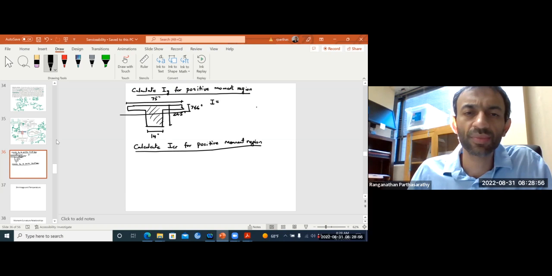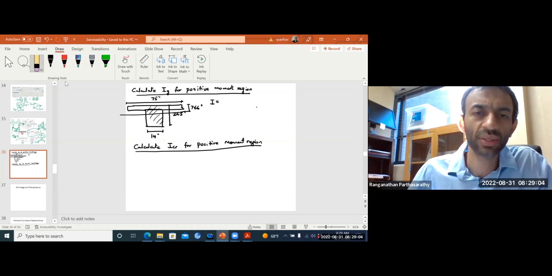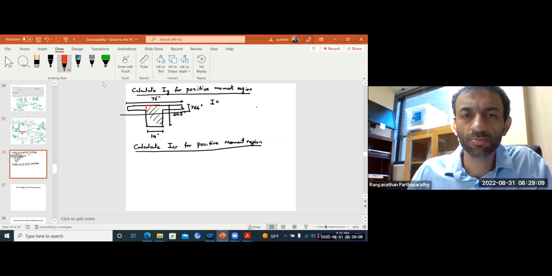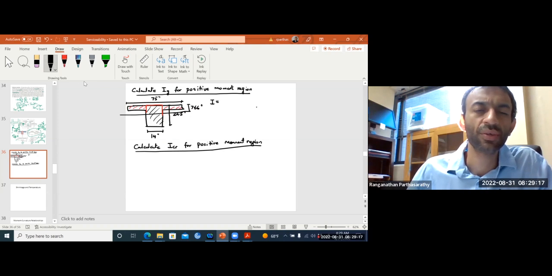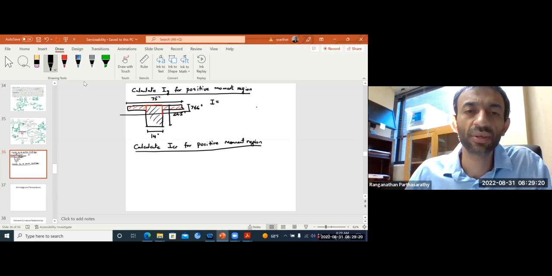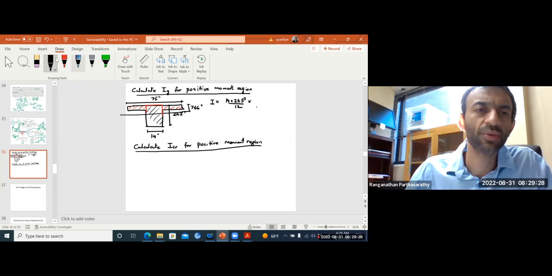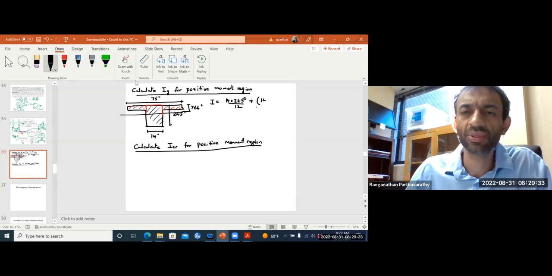You can divide it into two parts any way you like. Maybe we can just do this thing plus both these flanges together. So your I from the rectangular block is going to be BH cubed by 12 plus A times D squared, right?